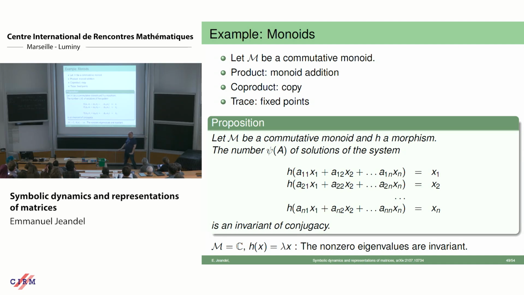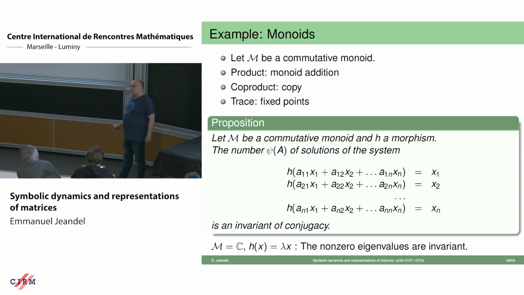It's not hard, but I don't know if it was clear that it is an invariant of conjugacy: if you have a commutative monoid and a morphism for this commutative monoid, then if you look at your matrix A, essentially at the solutions of H(AX) = X, then the number of solutions of such a system is an invariant of conjugacy for any monoid you can take.